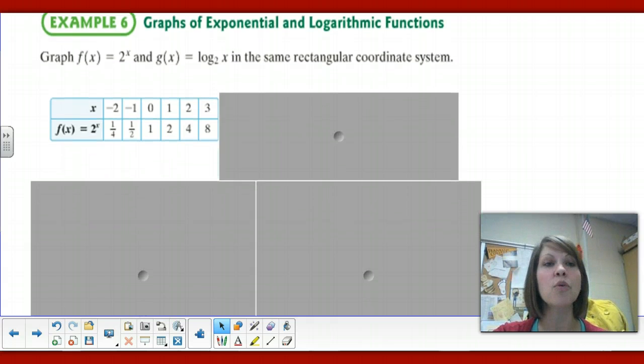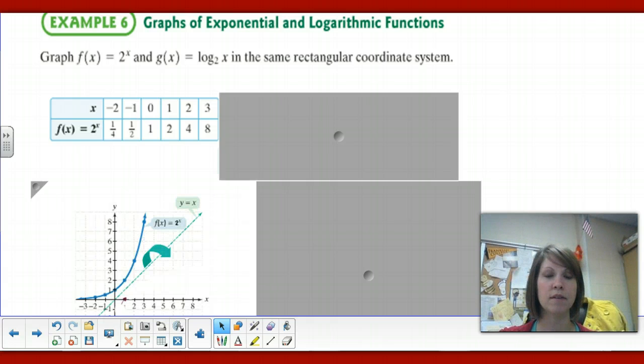Okay, so the graph of f of x equals 2 to the x, you'll make a table for that, just like you did in lesson 1. If x is negative 2, then we have 1/4. If x is negative 1, then f of x is 1/2, and 0, 1, 1, 2, 2, 4, 3, 8. Just substituting our x into f of x. All right, and this is what the graph looks like.